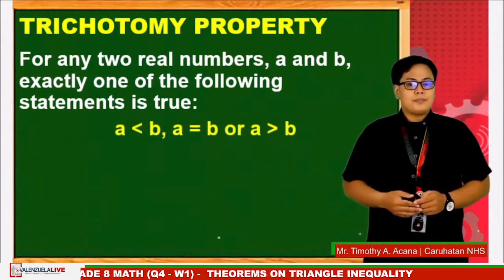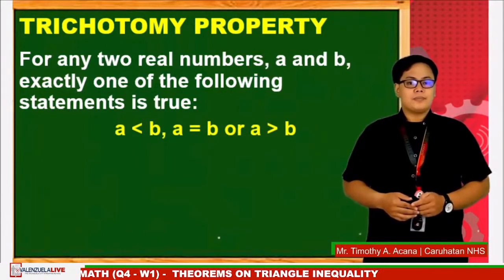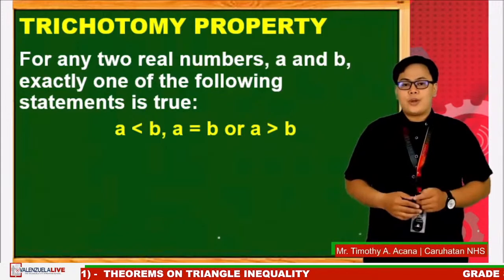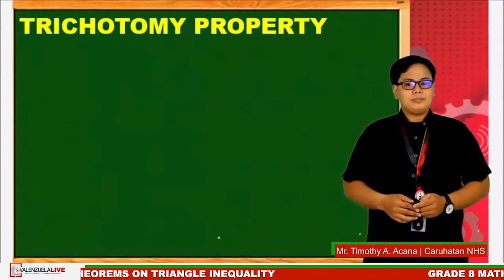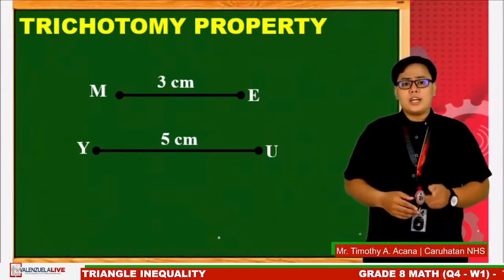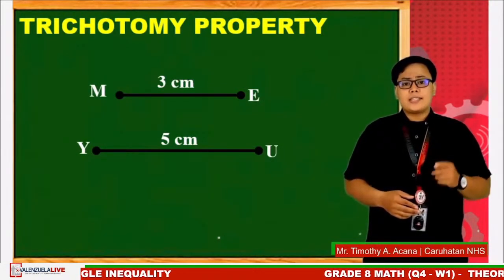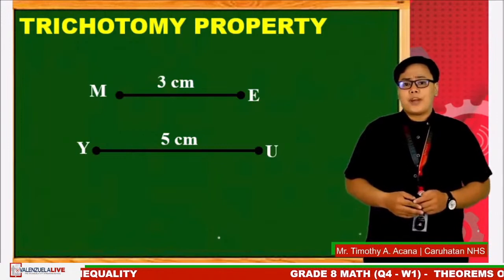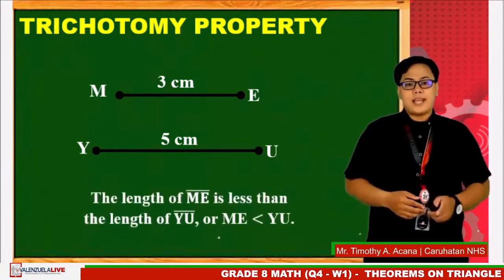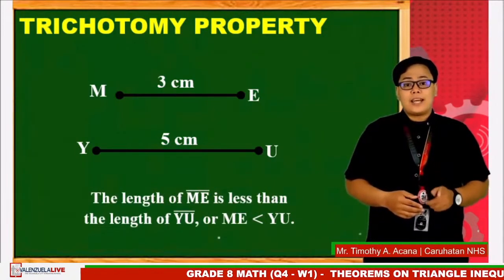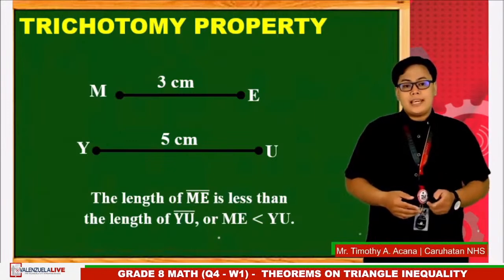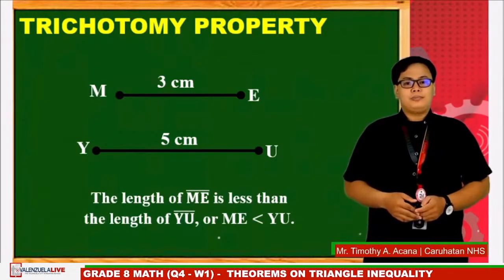We have A is less than B, A is equal to B, or A is greater than B. Let us have segment ME equal to 3 centimeters and segment YU equal to 5 centimeters. The length of segment ME is less than the length of segment YU. Or in symbols, we have ME < YU.